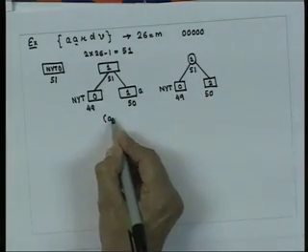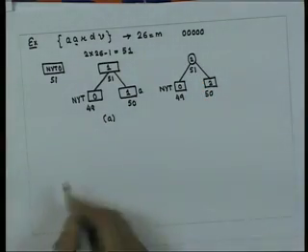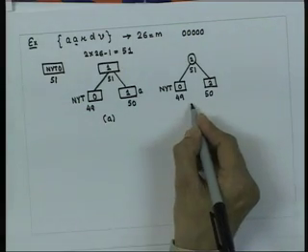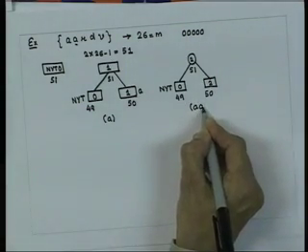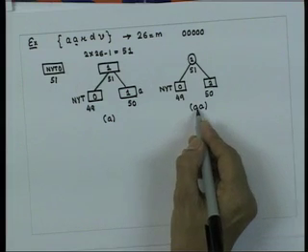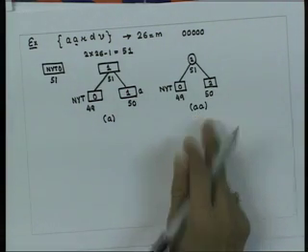So, this is the tree on receipt of the second A.